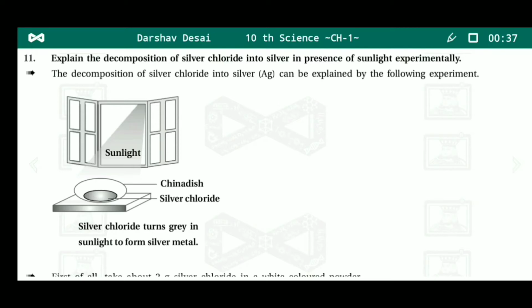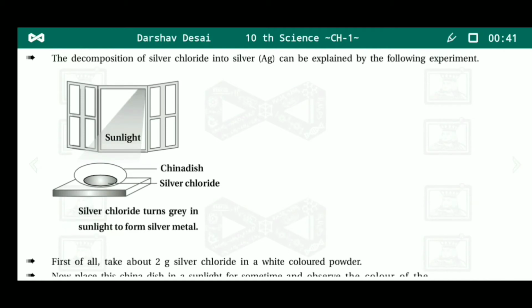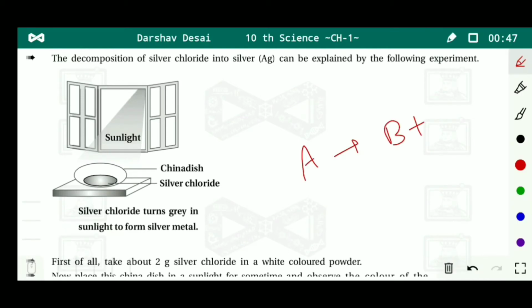In the form of A gives B plus C, a single compound breaks down into one or two substances. It is called a decomposition reaction.